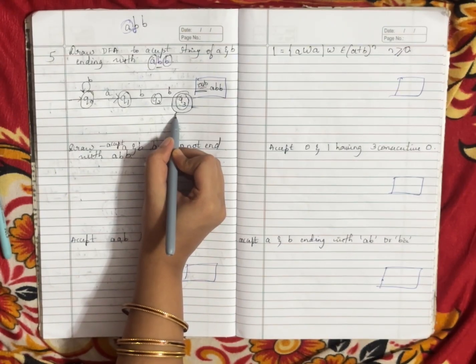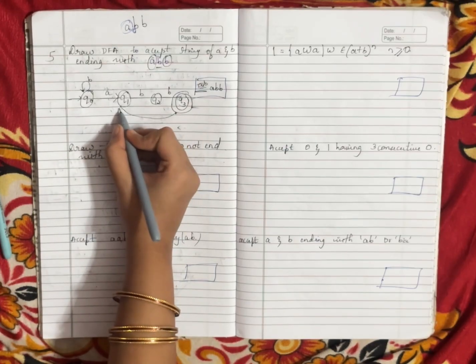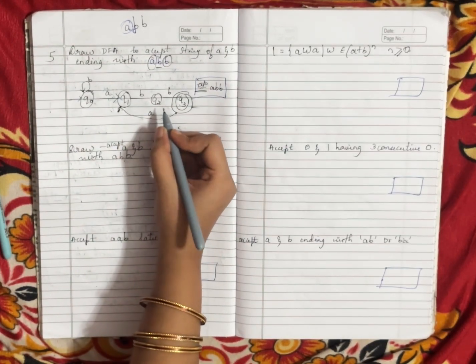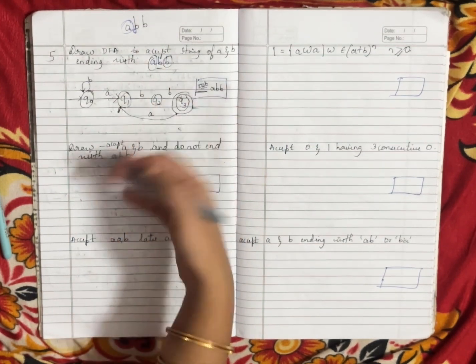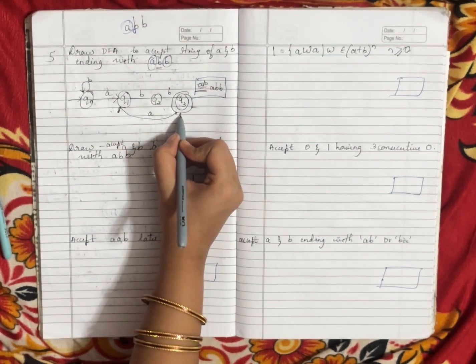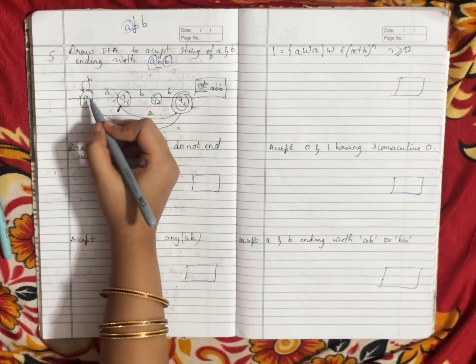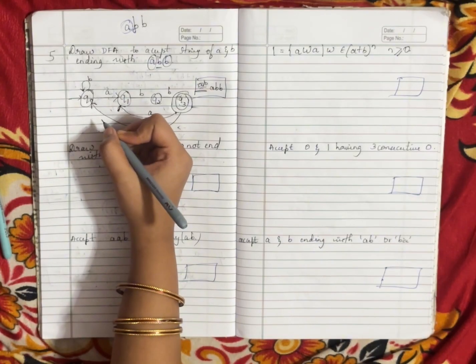So where is A? It is in this state. So I'm sending it back to A. Similarly, even if B comes, I already have the last one B. Again if B comes, I have to send it back to B. So where is B? B is here. So I am sending it back to this place.